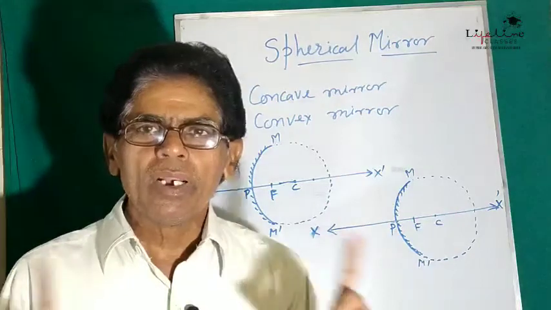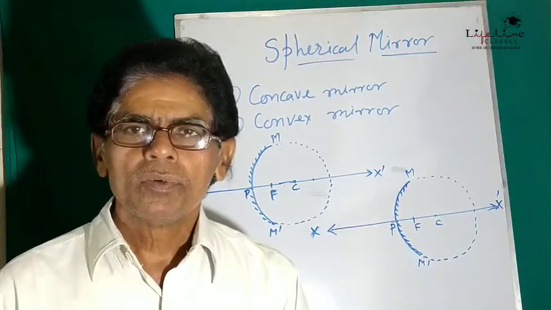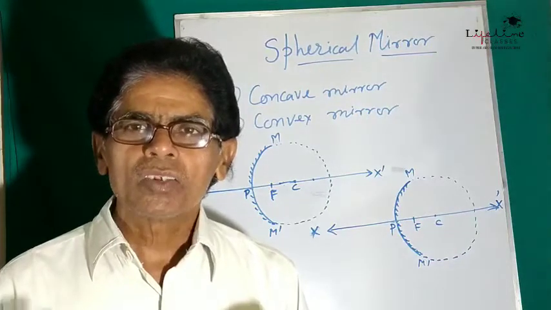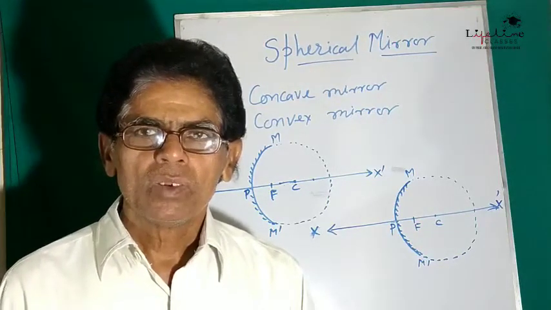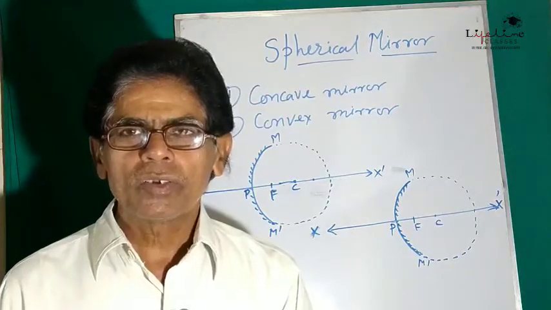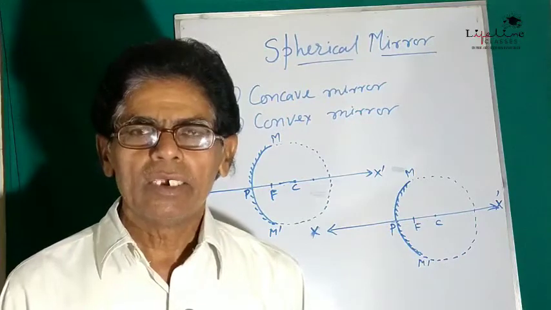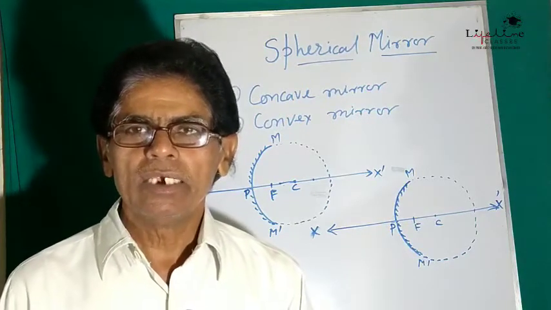A spherical mirror is a part of a hollow sphere whose one of the sides is polished and the other is the reflecting side.